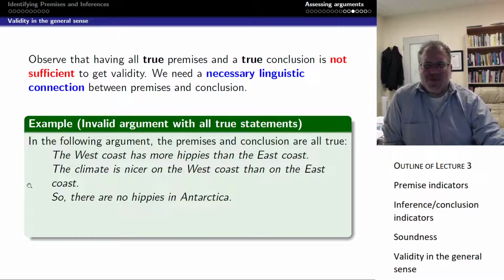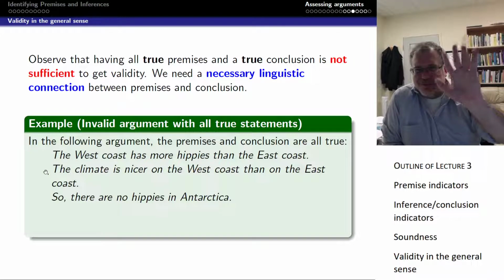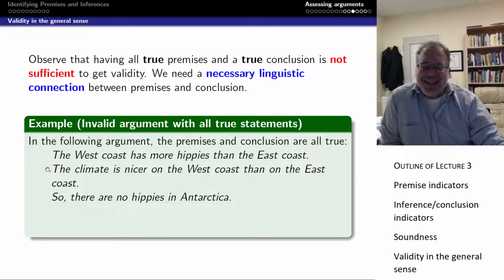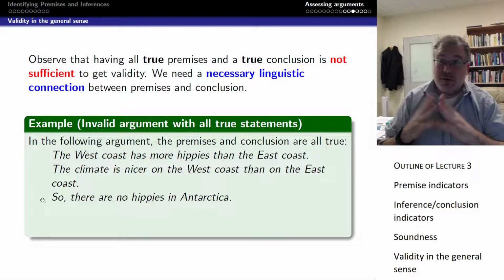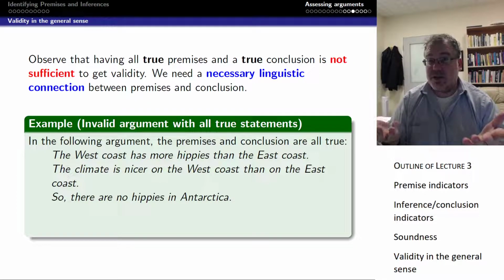Because it's unrelated, completely unrelated, right? Now, look, the first premise is true, as I said. Believe me, please. The second premise is also true, and the conclusion is true as well. So we have an argument whose premises are true, and the conclusion is true as well.